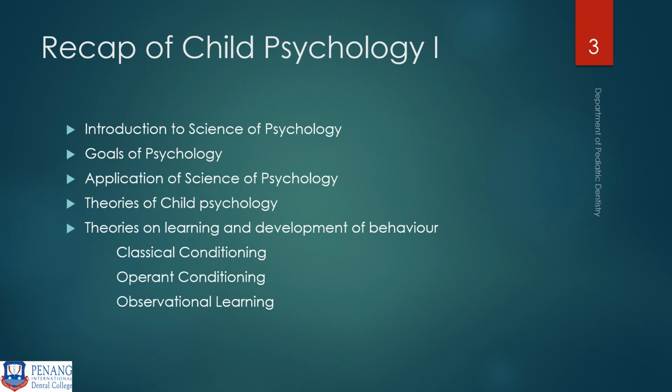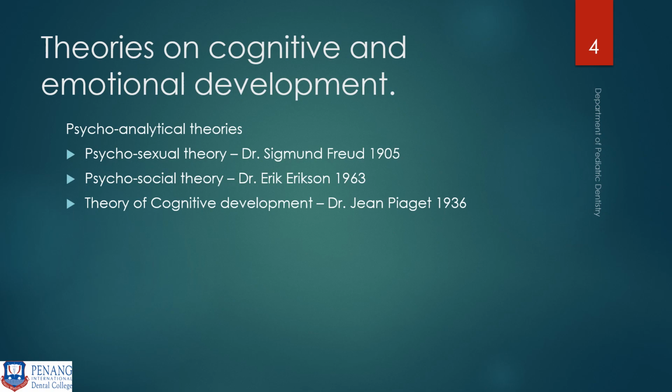So in today's lecture, we are going to look at the remaining 2 theories on child psychology. So let's see which are those. The remaining 2 theories are the theories of cognitive and emotional development, and these theories are based on the fundamentals that each child develops from infancy to adulthood and undergoes personality changes.